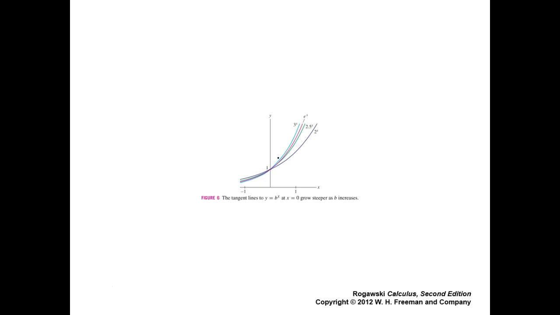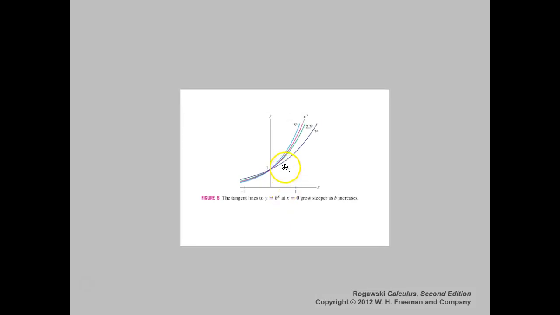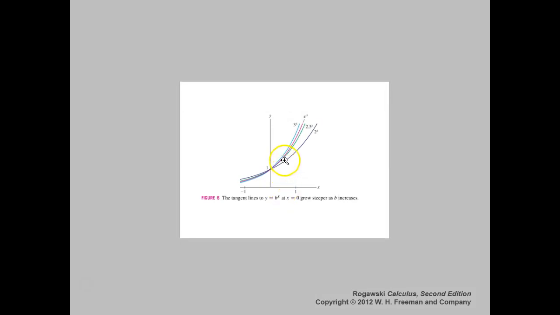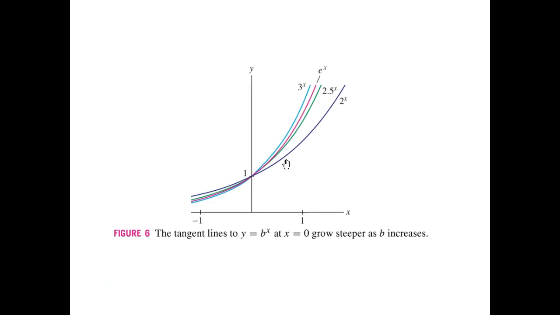So what's the point? Here's kind of the point. As you put other values in here, here's 2 to the x. By the way, whenever x is 0, this y is 1.